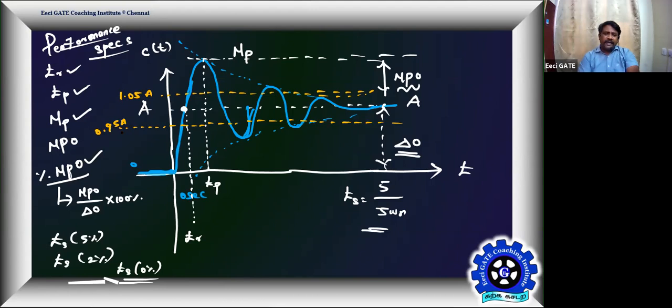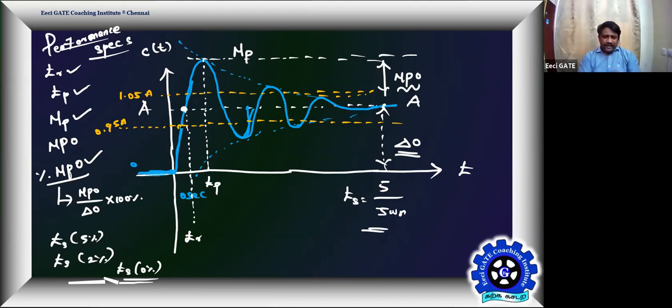So what is the time taken for the response to settle? The oscillations have to settle within this tolerance band, 5% above and below your final value. So 5% means 0.05 A, therefore plus 5% is 1.05 A, minus 5% is 0.95 A. The response to settle within the 5% tolerance band means the response should enter the 5% band and settle within that band.